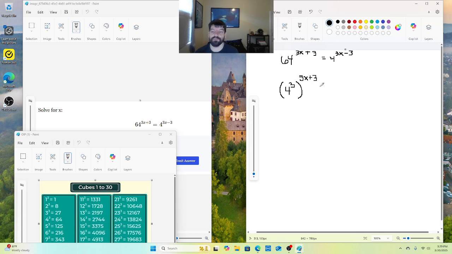So I'm going to have to use the distributive property here in the next step. Now on the right side, I'm not going to change anything because 4 is the base that I have decided to go with, so I don't have to change the right side of the equation in any way.